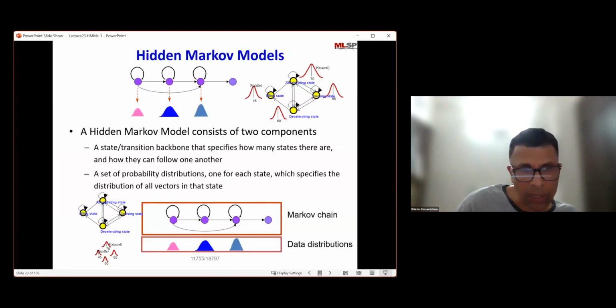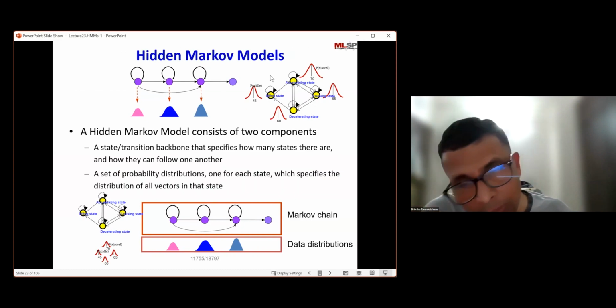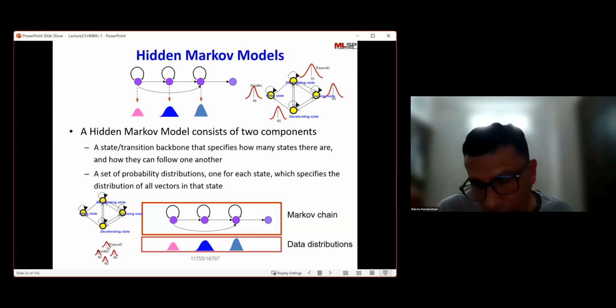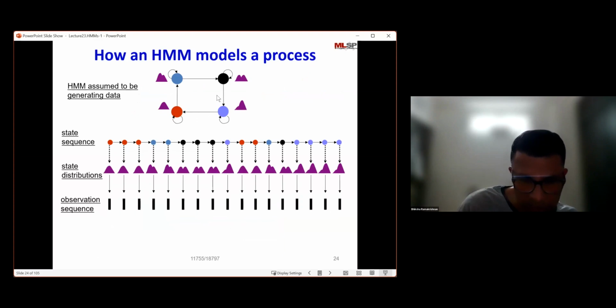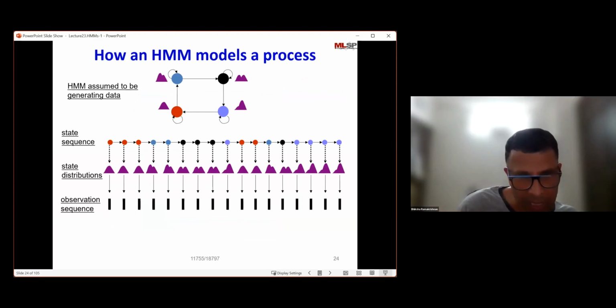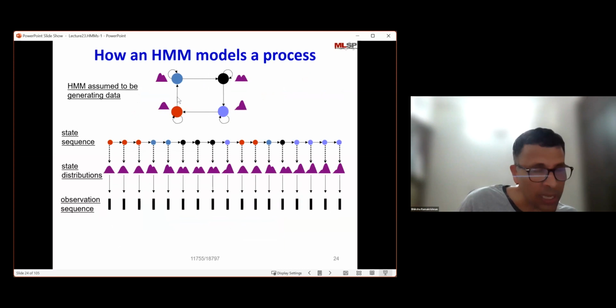And we're going to assume that this HMM represents a genuine process that generates observations. And how does the process generate observations? It goes through the sequence of states. The process follows the states according to the random nature of the underlying process that governs the state.